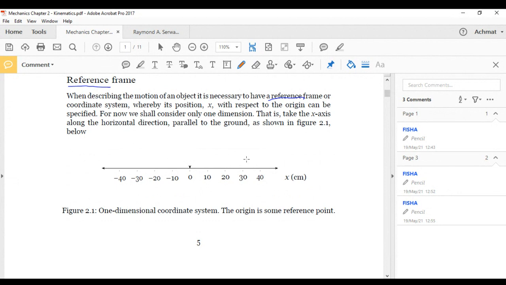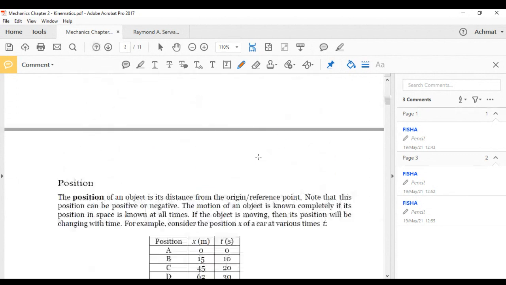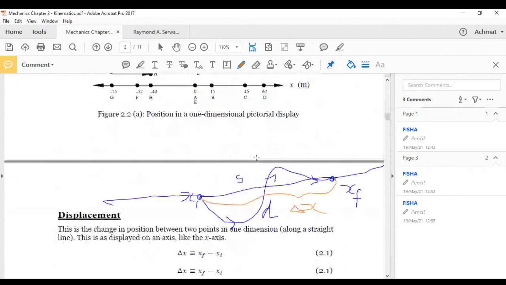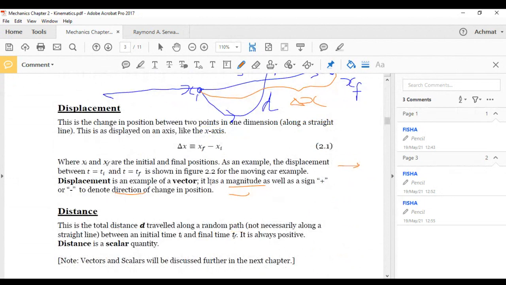If you decide that to your right is positive, then those will be positive positions, and to the left will be negative positions. So that is a vector quantity: you end up with a sign, positive or negative, or with a direction. Just keep it positive and negative. We might be dealing with that more often than with directions, though I think at school you use the direction method quite a lot.